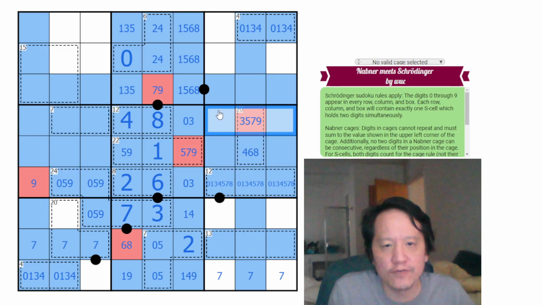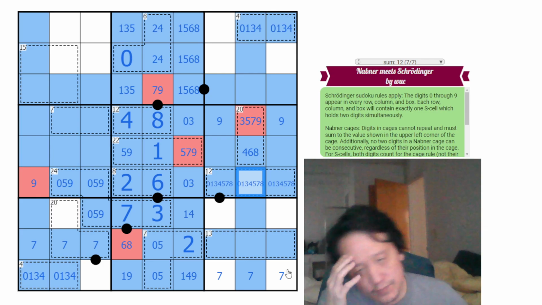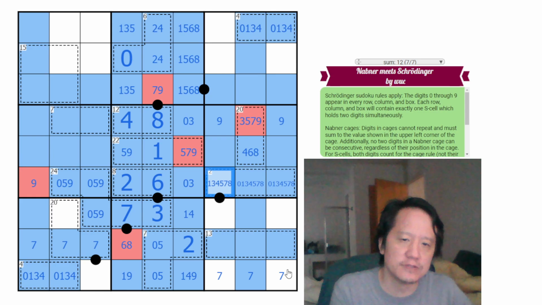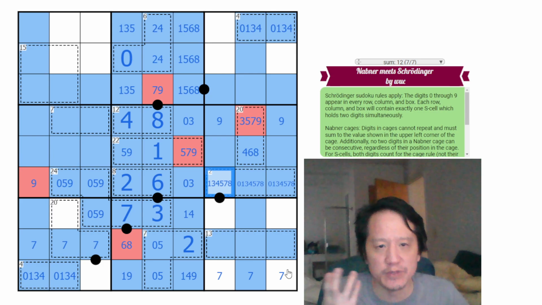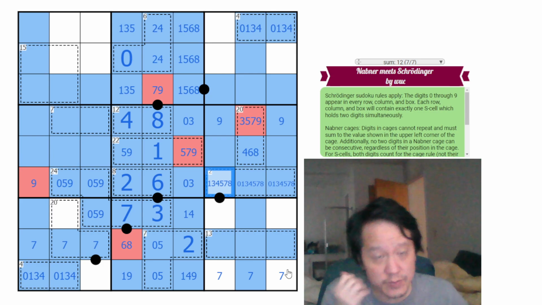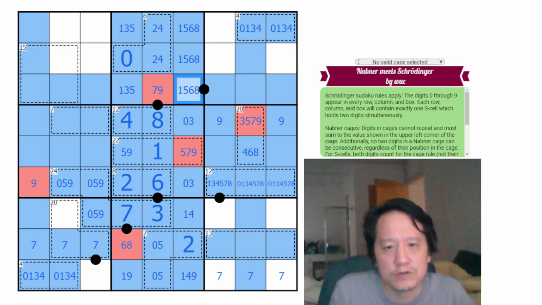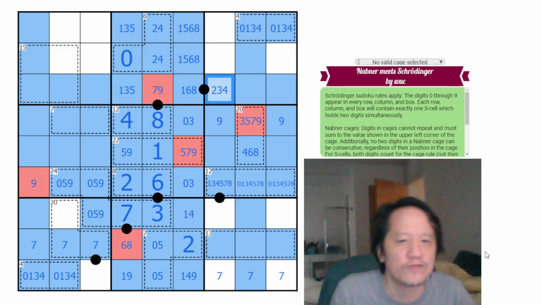So 9 would have to be somewhere. This can't be 0. Right? You can't have a double with 0. It would be 0 and 0. Okay. So this is not Schrödinger. So 5 cannot be here. If this is 1, this would have to be 2. If this is 6, this would have to be 3. So this is 2, 3, or 4.